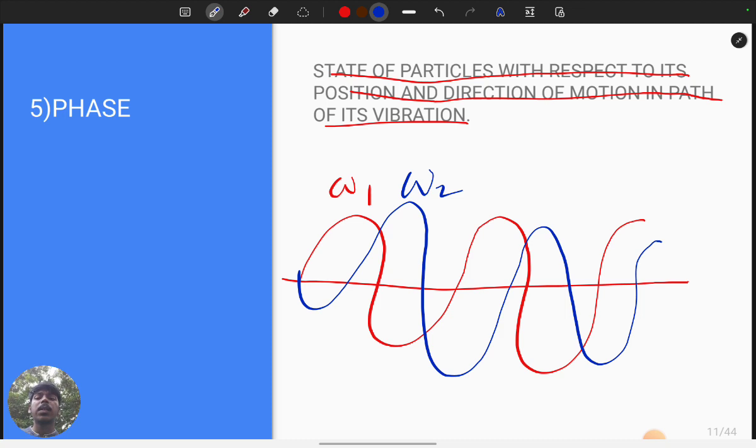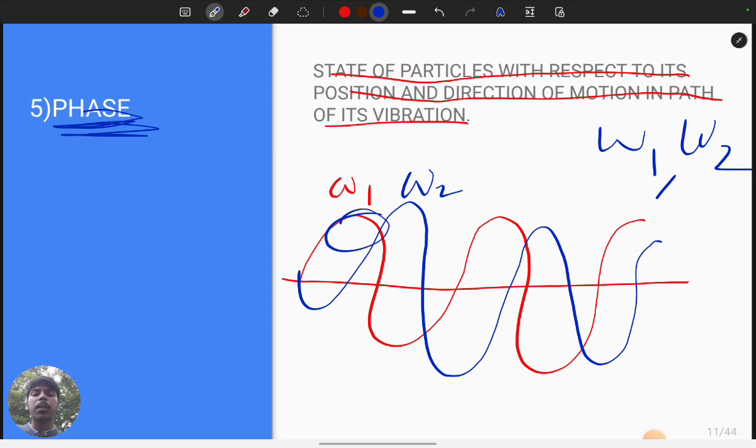Here when we consider two waves, so to compare these two waves we use the term wave phase. Okay, to compare these two waves W1, W2 we use the term phase. Means we are seeing with respect to its position, so where it is located with respect to its position and direction. It is going up, it is coming down, it is traveling up, it is traveling down.